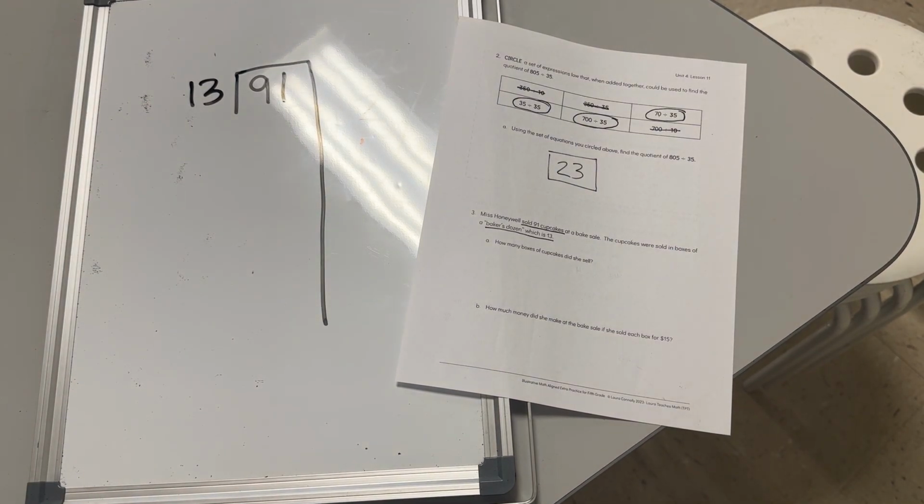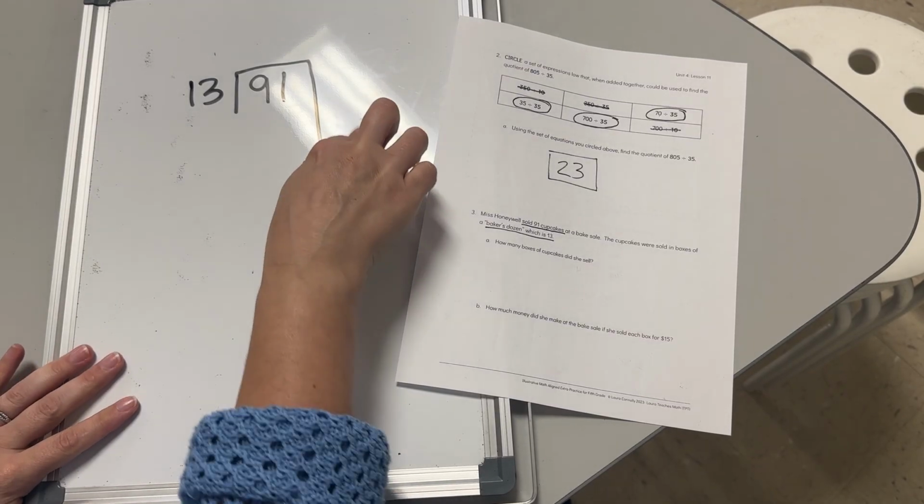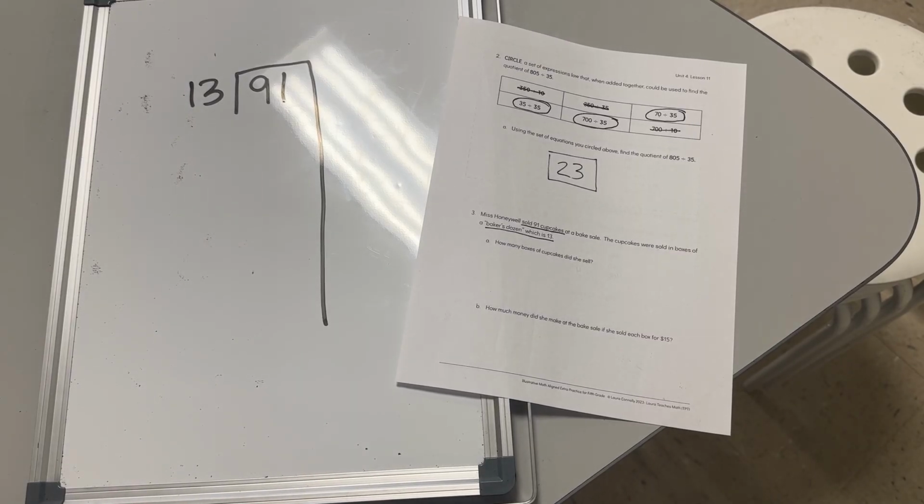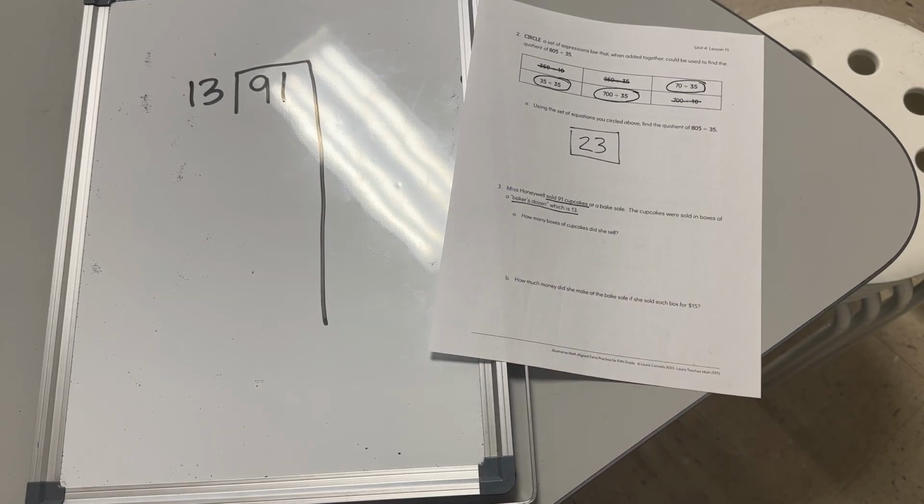All right. To do 91 divided by 13, I'm going to go ahead and set up my partial quotient strategy here. So when I'm using partial quotient strategy, I'm finding numbers that are going to be simpler for me to multiply in order to solve this problem.